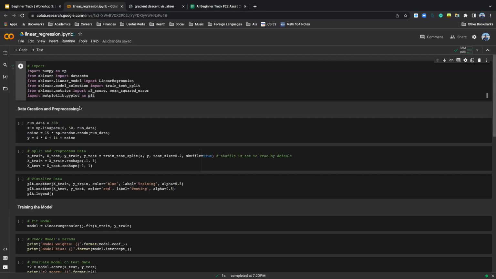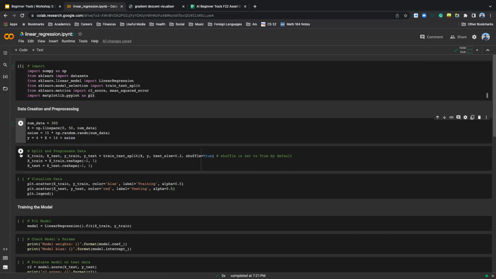It's passed 300 via num data. And noise is what creates the randomness. I'm not great at explaining it, but this creates the function basically.